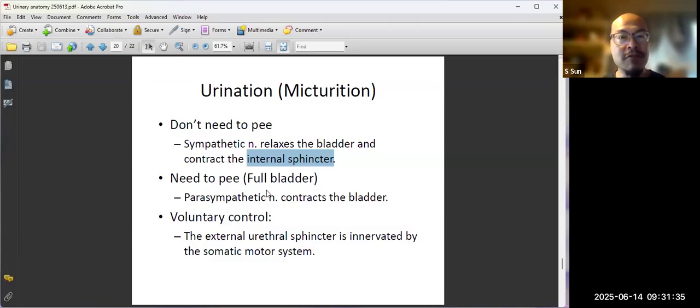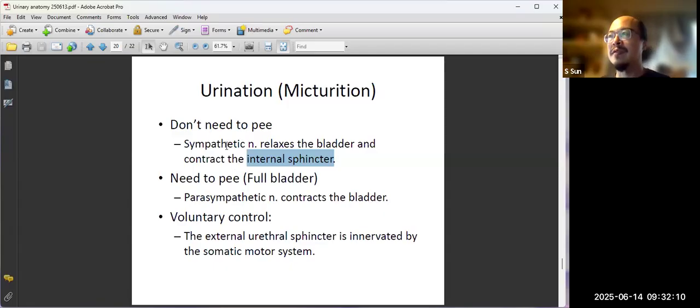When it's full, it will trigger the body to switch to parasympathetic, meaning that you need to pee. Parasympathetic is for digesting and resting, and the bladder is in the visceral portion, so parasympathetic will contract the bladder to move the urine out.